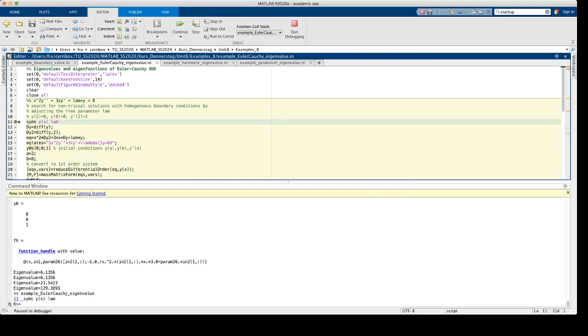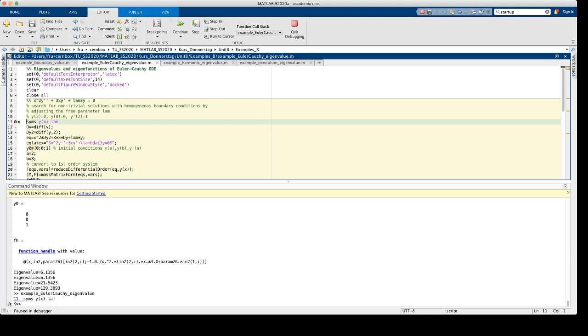The problem is now to search for non-trivial solutions to the equation in line 7, which reads x squared times y double prime plus 3 times x times y prime plus lambda times y equal 0.